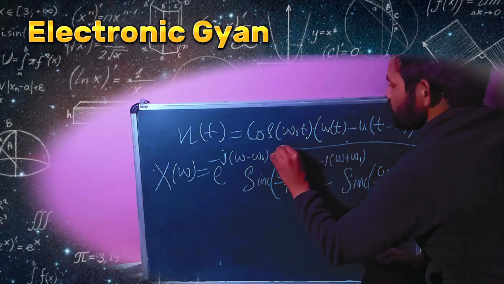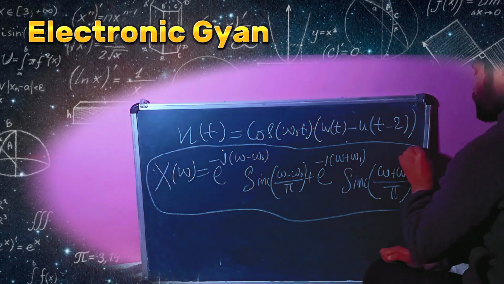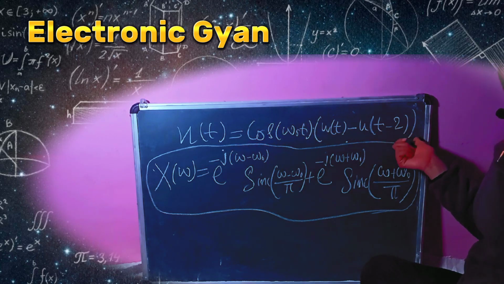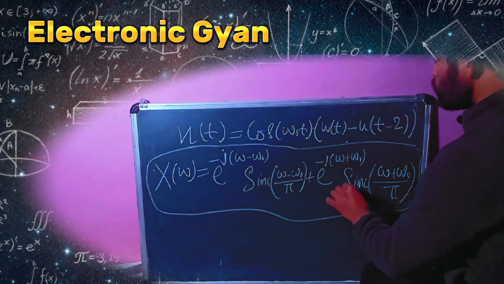This is the Fourier transform of the given signal, cos omega naught t into u of t minus u of t minus 2.